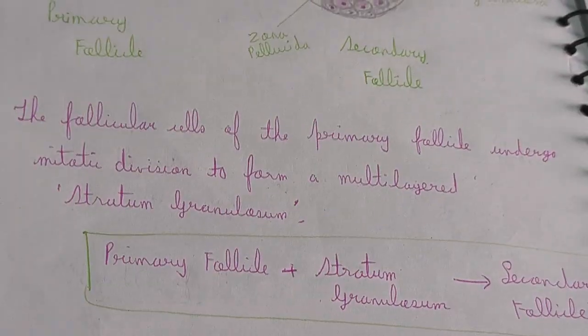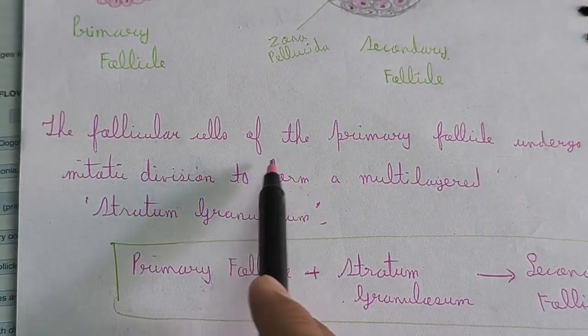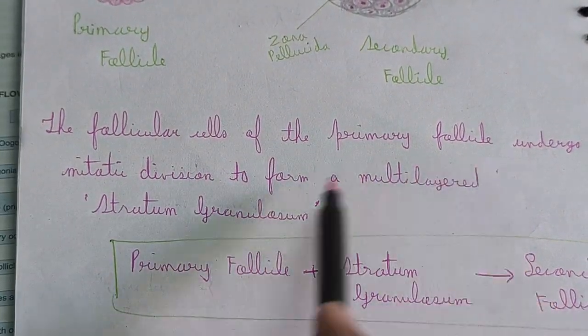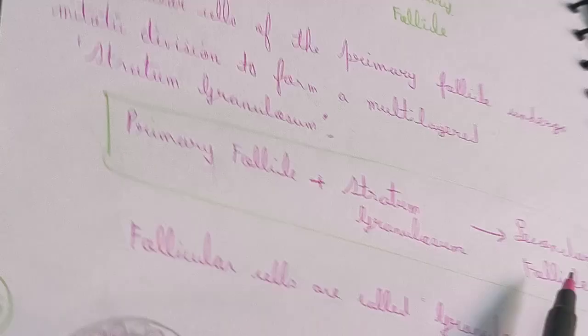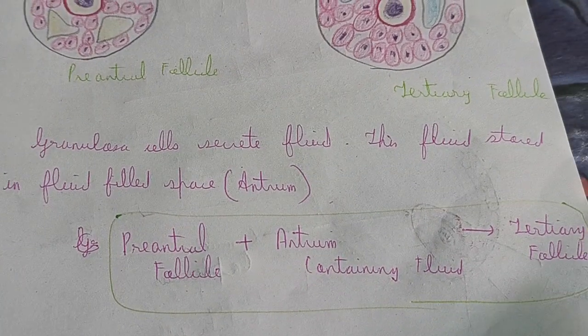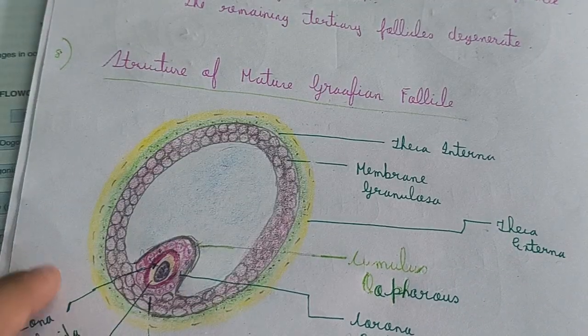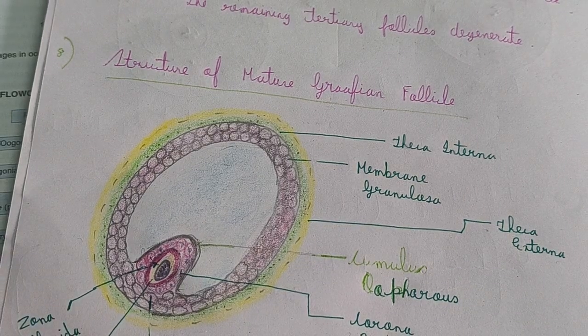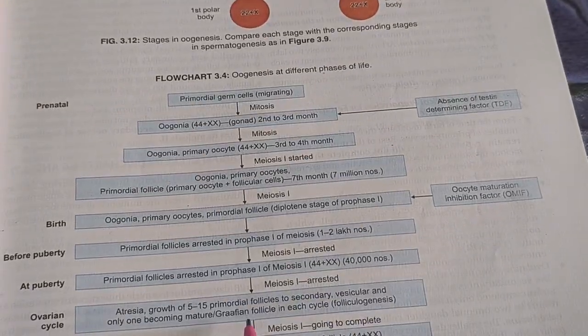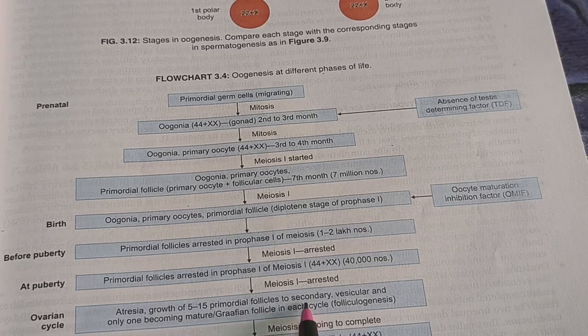But at puberty, as you have understood, the follicular cells of the primary follicle again start to undergo mitotic division. So they form the secondary follicle, then the tertiary follicle, and the mature Graafian follicle, and all these things come under the ovarian cycle. Atresia and growth, from primordial follicles to secondary vesicular, all those things.